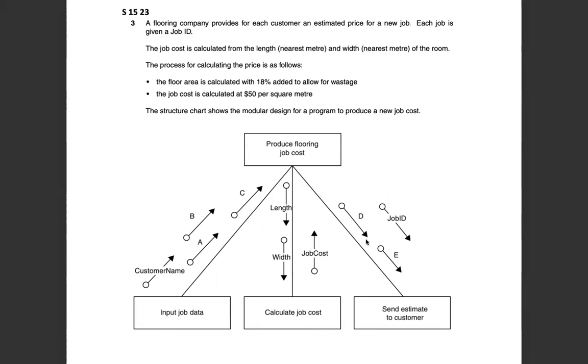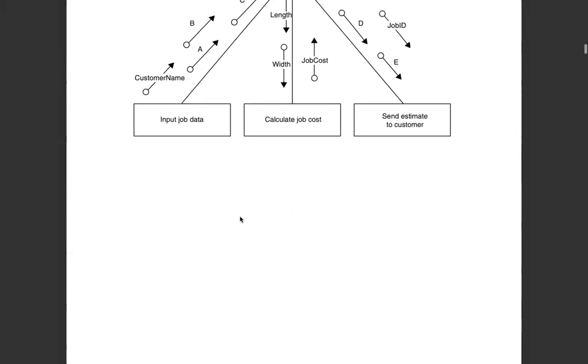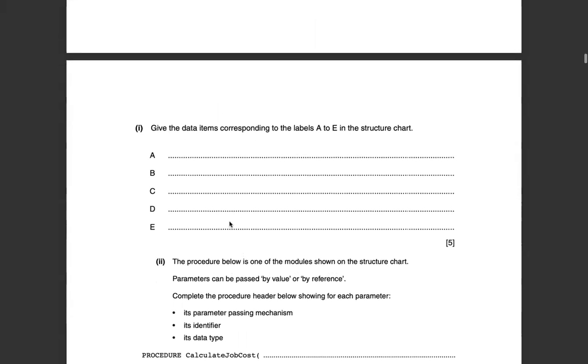So amongst these two missing, common sense states that job cost has to be sent. Now, if I'm mentioning the job ID and the cost of that job, I'm supposed to be addressing the customer, in which case the customer name has to also be sent. So this is the remaining value: customer name, job cost, and from here I'm generating length, width, and job ID. We're supposed to fill in these values here.